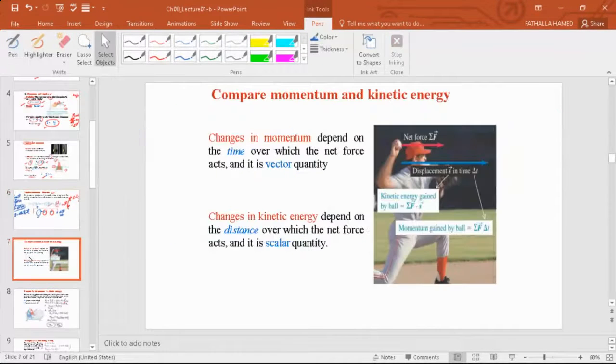Now, in chapters 1, 2 and 3, we talked about kinematics, and we started from position to displacement to velocity to acceleration. So we were only looking at describing the motion. We did not consider the mass.